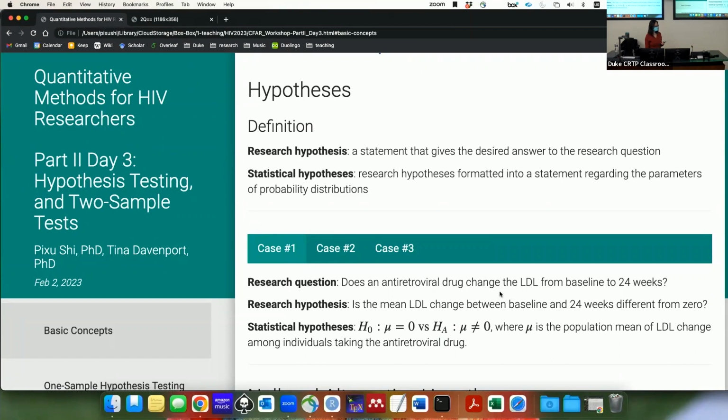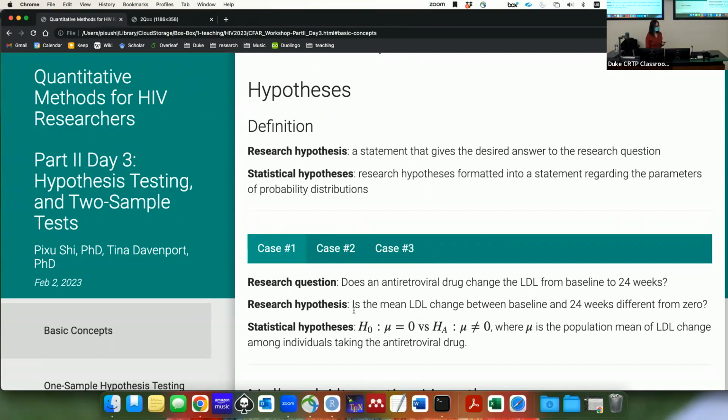That's your research question, and it can be translated into multiple statistical hypotheses. For example, by changes, do you mean the maximum change, the minimum change, or the median, or the mean? There can be many ways. And here, the most common way to translate this kind of question is through modeling the mean of the change.